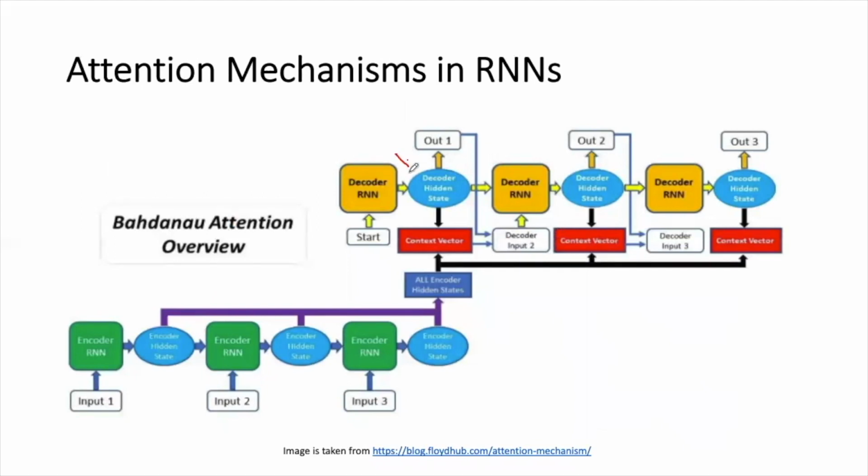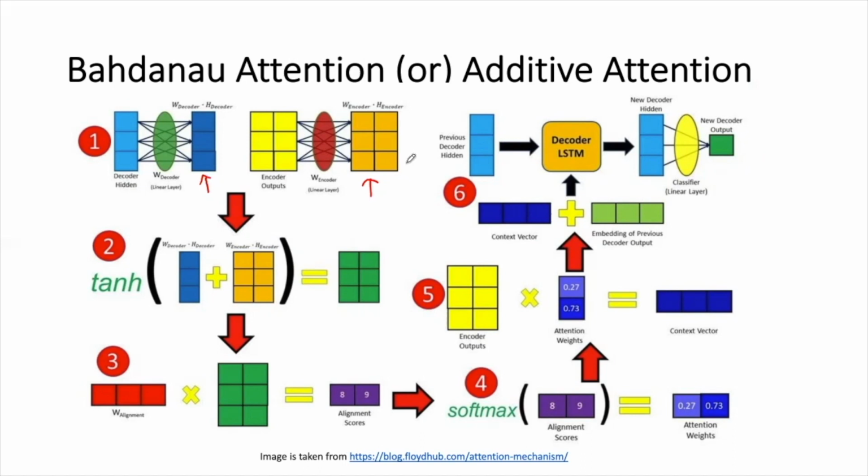We multiply it with a matrix W decoder. This is a matrix which helps us do a linear transformation of the decoder hidden state, and this is the output of the linear transformation. Similarly, we have the encoder outputs.